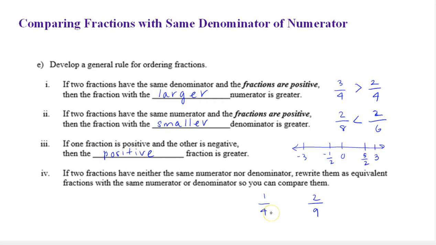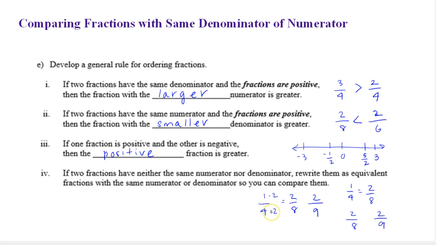Now, typically, we usually teach to just give them a common denominator, but we can also give them a common numerator, and I think that will be easier since this is 1/4. I can multiply the top and the bottom by 2, which is 2/8. Okay, so 1/4 equals 2/8. And if I compare 2/8 to 2/9, they have the same numerator.